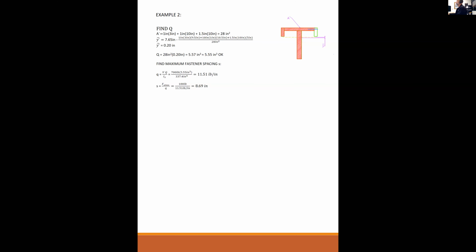We're not talking about something that's trying to vertically separate them. We're talking about something that's trying to shear them in and out of the page. So the spacing of my blue nail right here, that 8.69 inches, is measured on a coordinate system in and out of the page. All right, thank you.